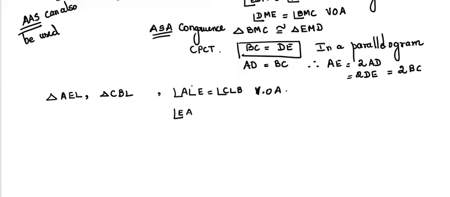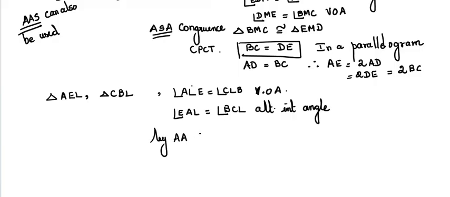Angle EAL is equal to angle BCL, alternate interior angles. So by AA similarity, triangle AEL is similar to triangle CBL.